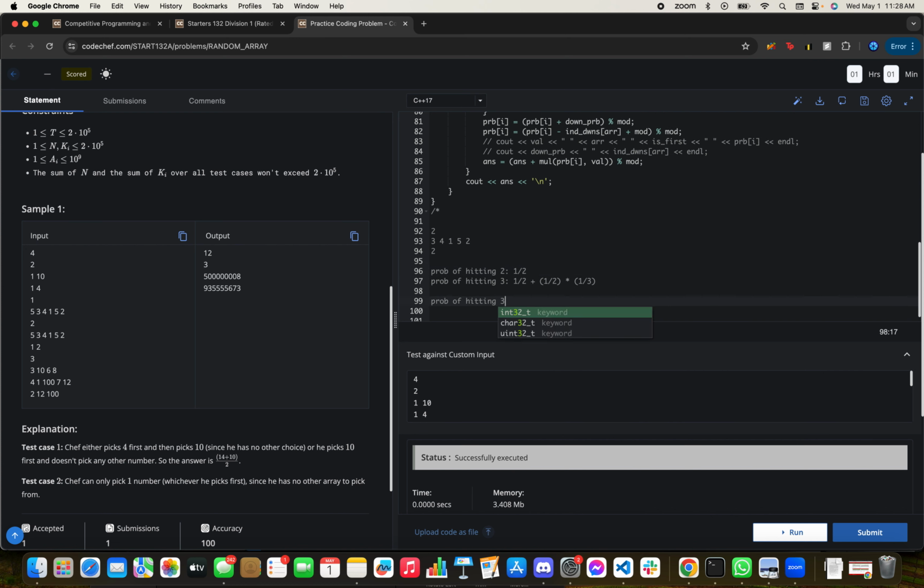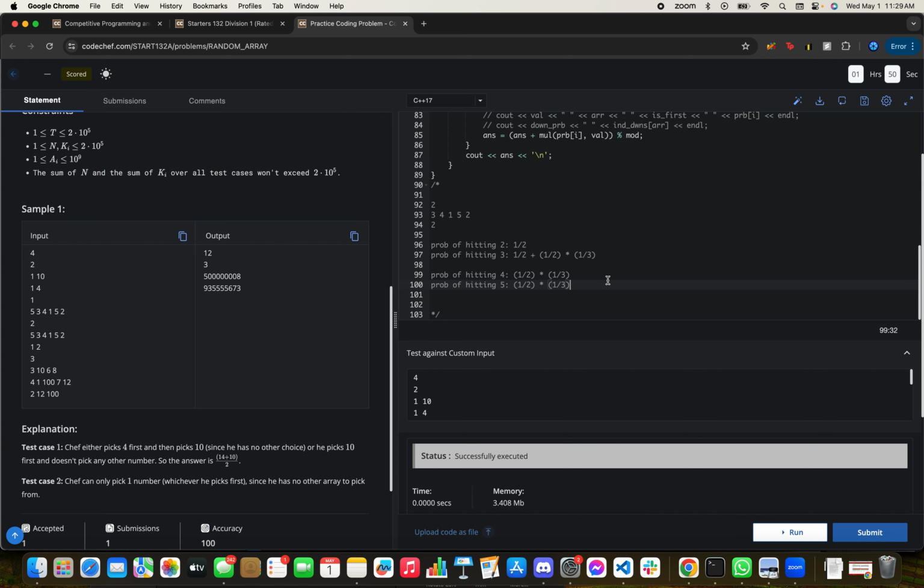Probability of hitting a 4 is just going to be, you have to hit this, then you have to start here and then you have to start here, so it's still half times the third.